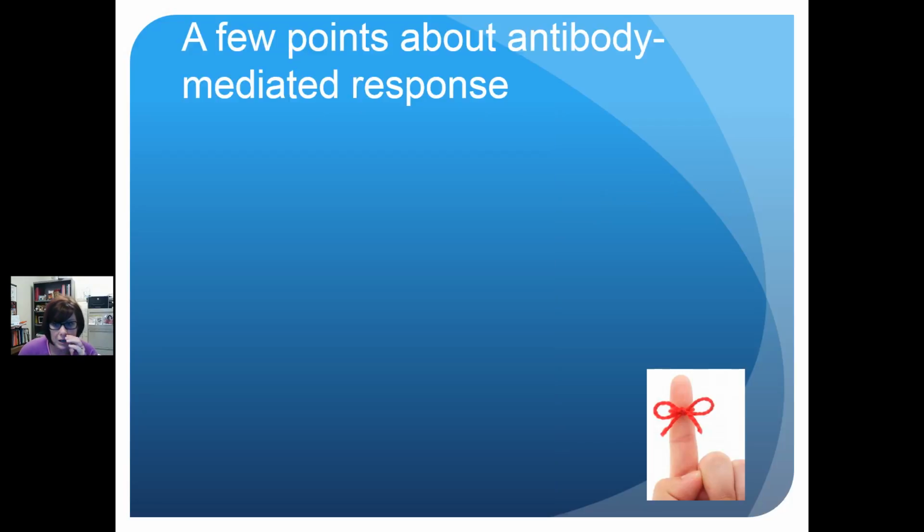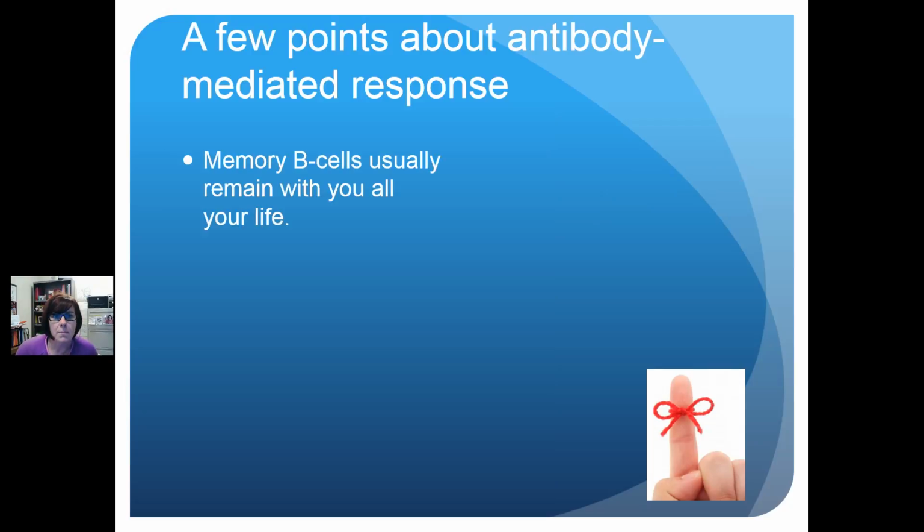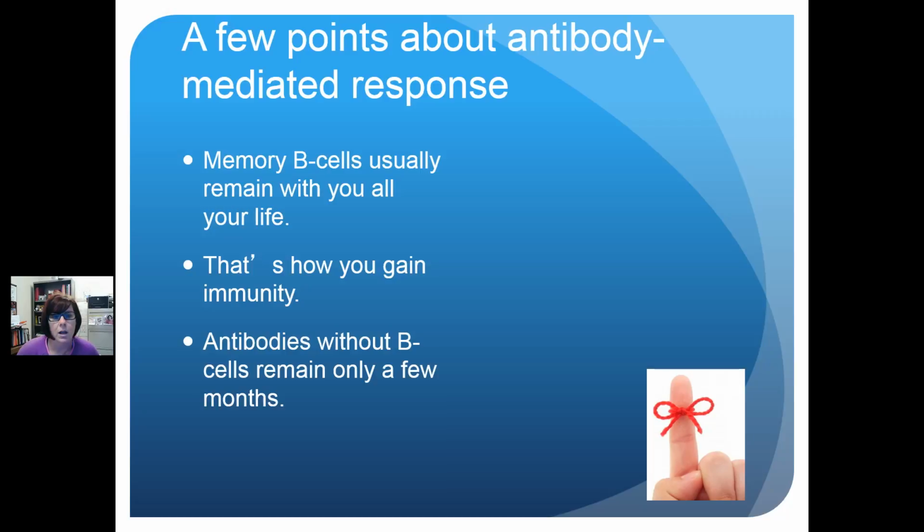So here are a few points about the antibody-mediated response. The memory B cells remain with you all your life. That's how you get immunity from something, so you have to be exposed before you can be immune to something. Antibodies without B cells remain only a few months. Then the body says, we don't need these, and starts winding their production down.